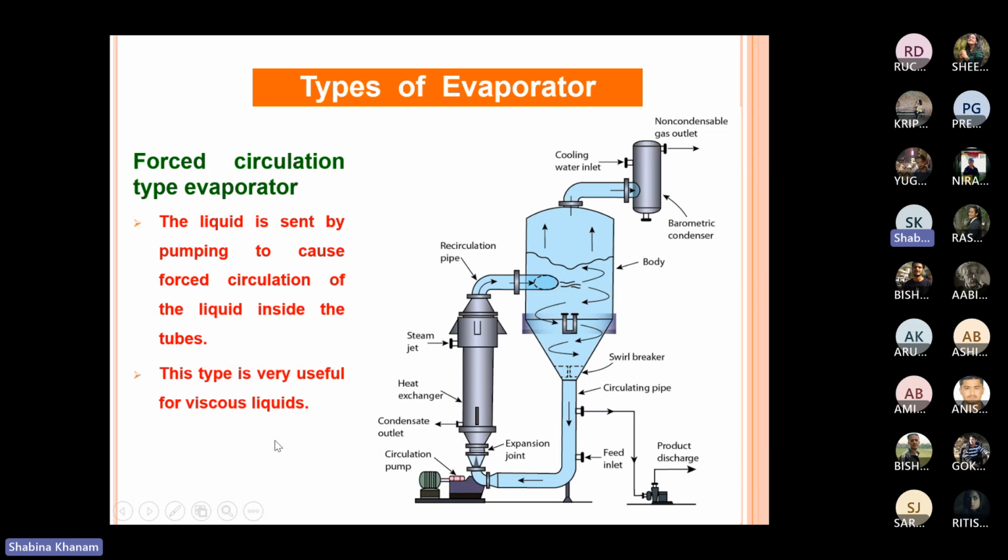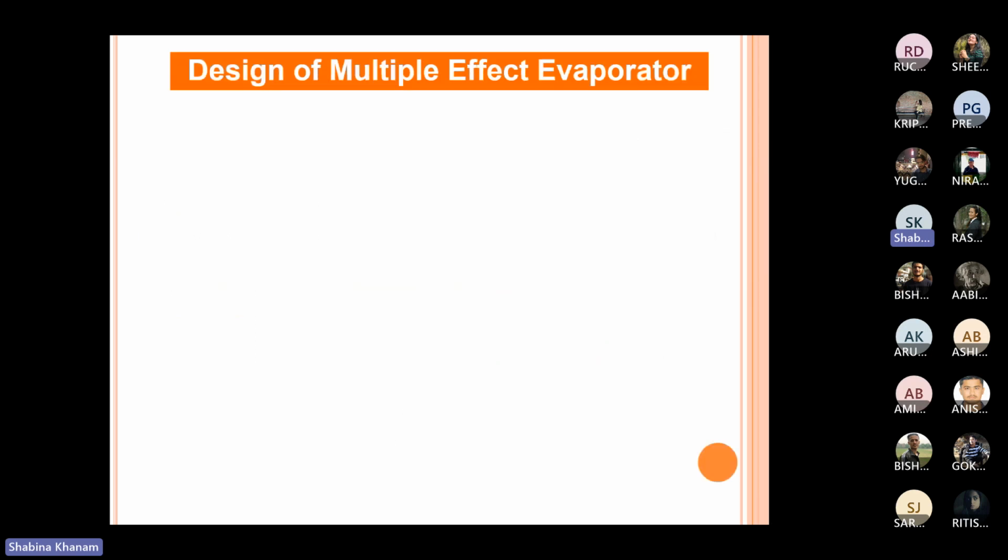Because of this pumping, the circulation is maintained, and therefore we call it forced circulation. That happens when we are dealing with more viscous fluids, or fluids having high fouling tendency, to increase the velocity. So in that way you can consider different types of evaporator.